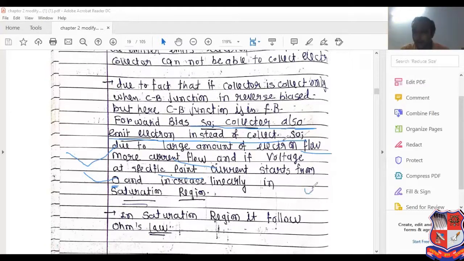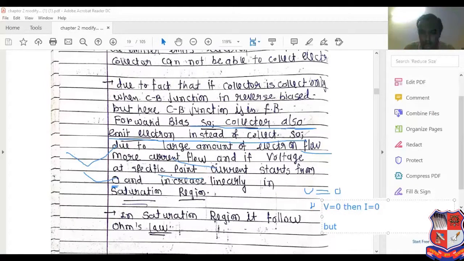If V equals 0, then I equals 0. But if V is increased, then definitely the current is increased.